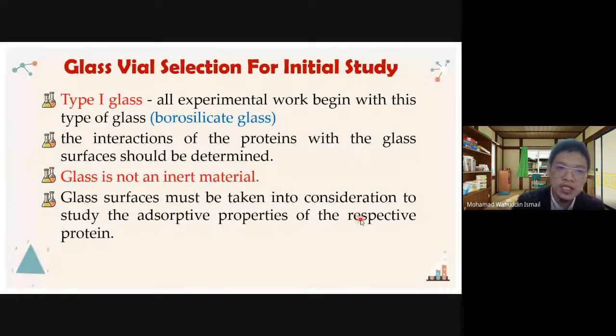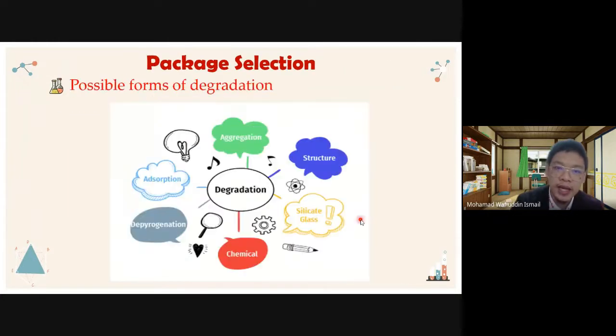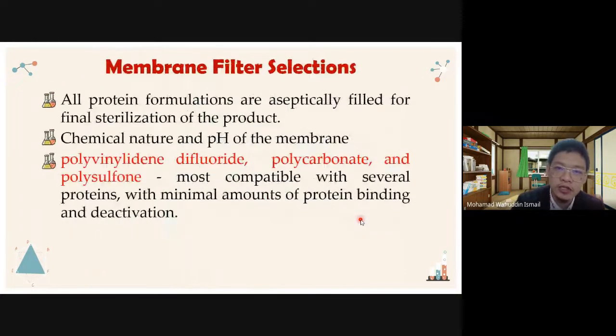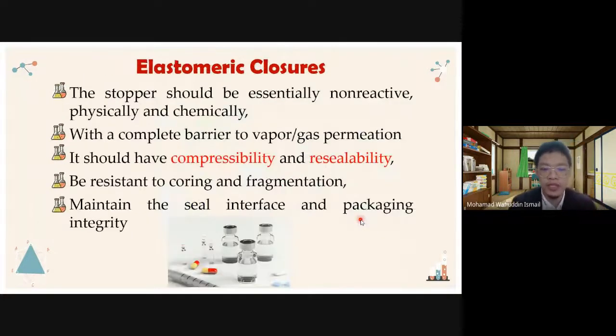Okay. Next, other than the properties within the formulation, the glass vial, the package selection, and the rubber stopper selection are also most important. So at the end, there is no chemical reaction and no physical reaction towards the whole system within the formulation, because we know that within the formulation there are a number of ingredients we put.